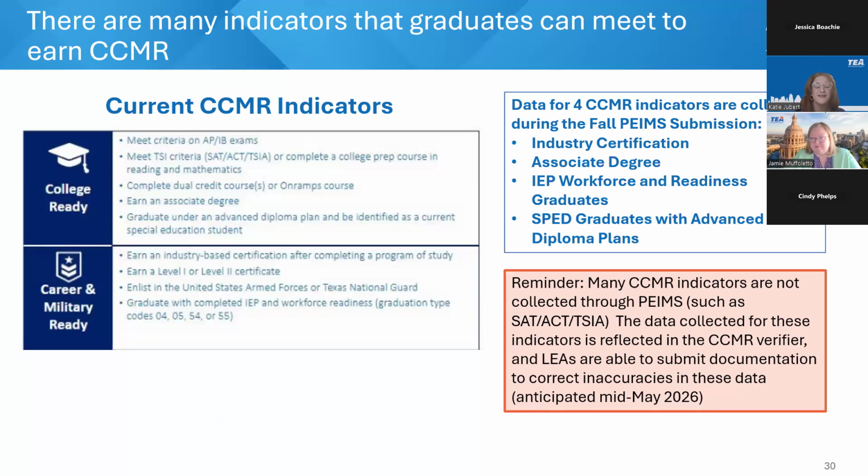But I did want to name that these 4 are really the focus of the PEIMS fall submission, but that CCMR has many indicators, the data come from many sources, and I want to make sure that you've got the systems in place at your campus and district levels to ensure that all of those are accurate.